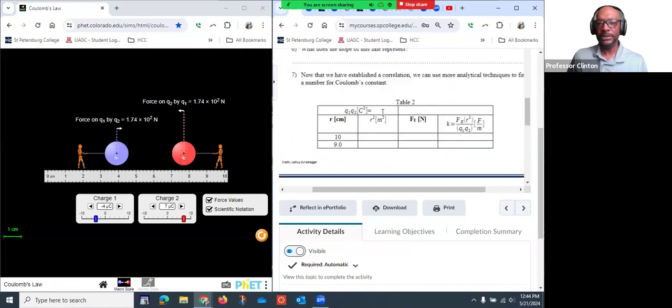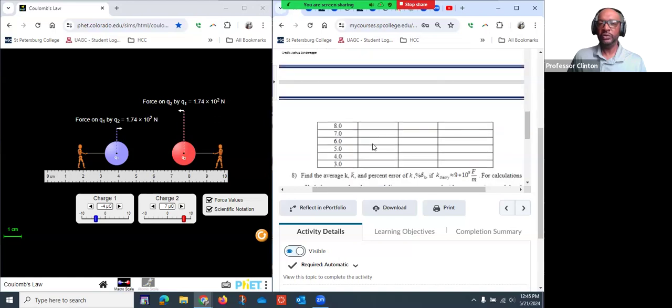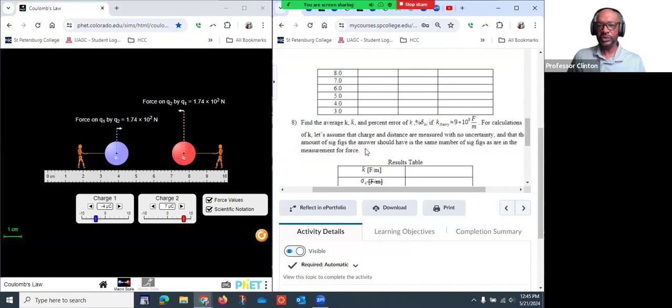Okay. And then in table 2, you'll do something very similar. You'll go through and figure out what the charge Q1, Q2 are equal to in coulombs, Coulomb squared, sorry. R squared, you'll figure out as well. This is in meters squared, so on and so forth.